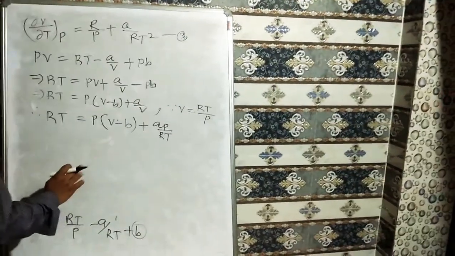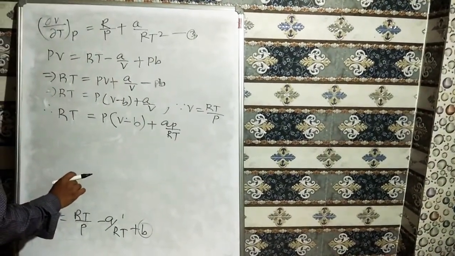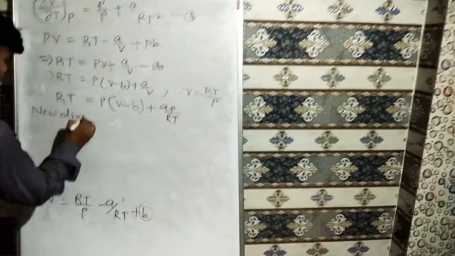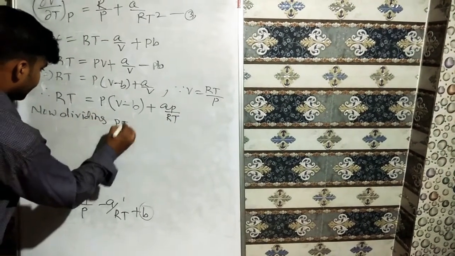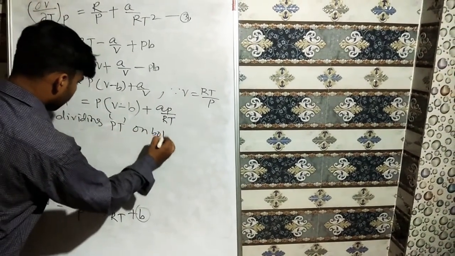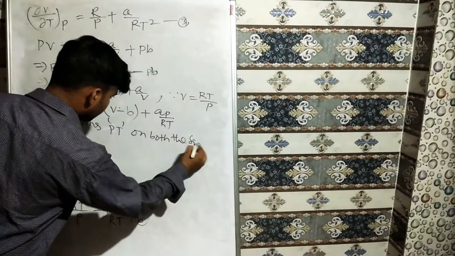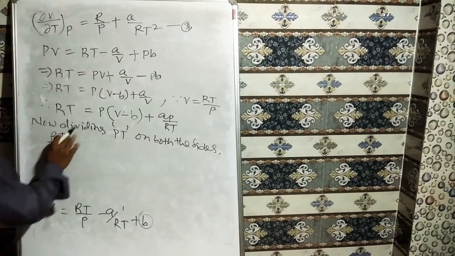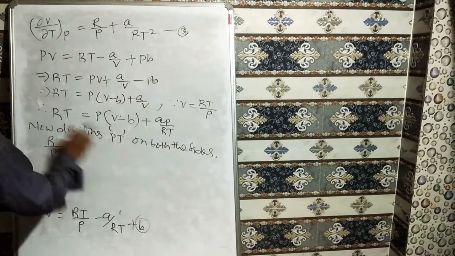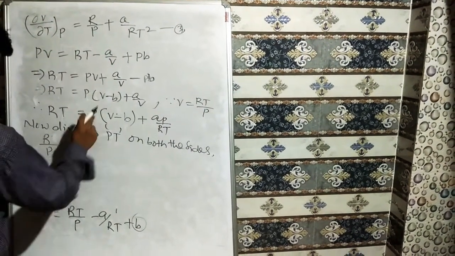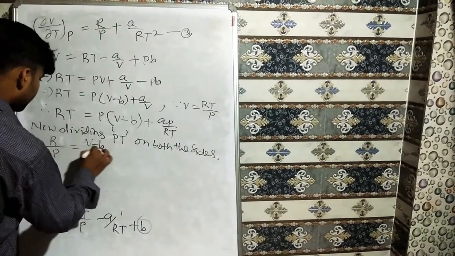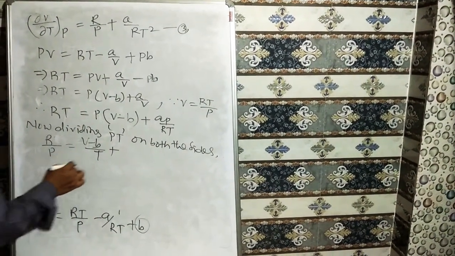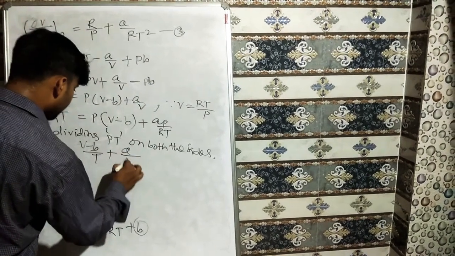Now differentiate. Now dividing RT on both the sides, we get R by P. If we divide T, T cancels, so R by P, and P cancels, so V minus V by T plus A, P cancels, so A by R T square.